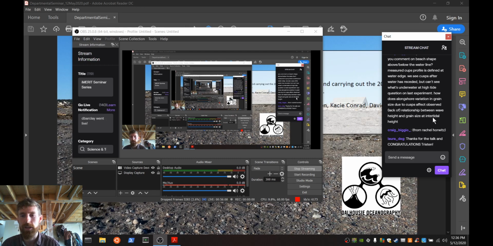So alongshore variations, for example, as a result of the presence of cusps, I don't think we were able to look at that beyond things happening in a beach mean sense. So I hope that answers your question.